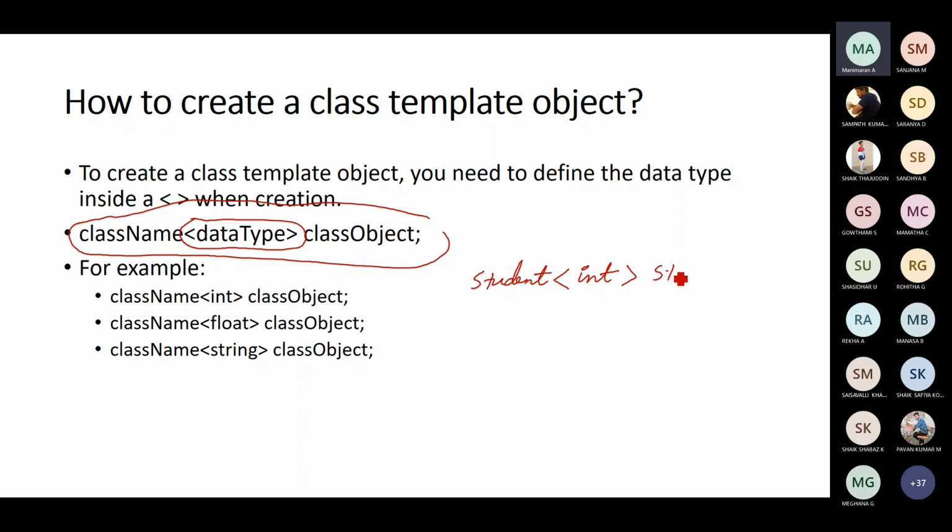The object of my class Student is stu. So this is the way we have to create an object in the case of a class template, which means after this we have to use only integer values for this one. Similarly, we can create any number of objects with different data types. Here we have done integer, float, string, character, double, like this. That is the only difference.